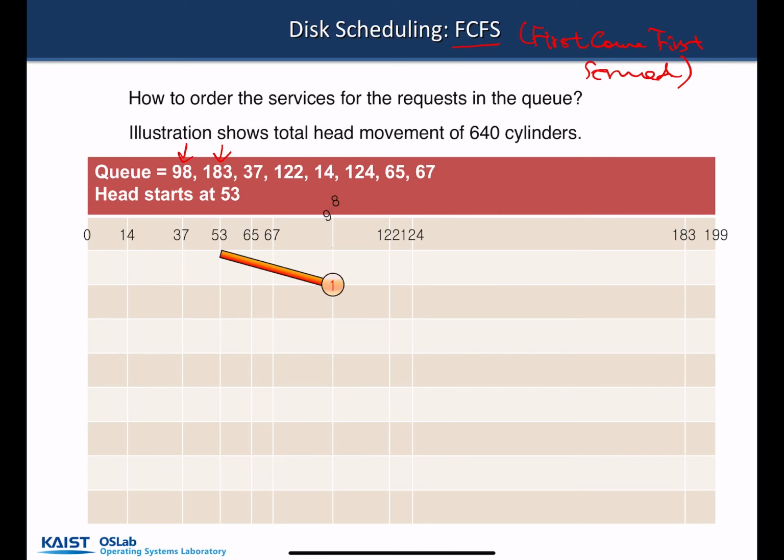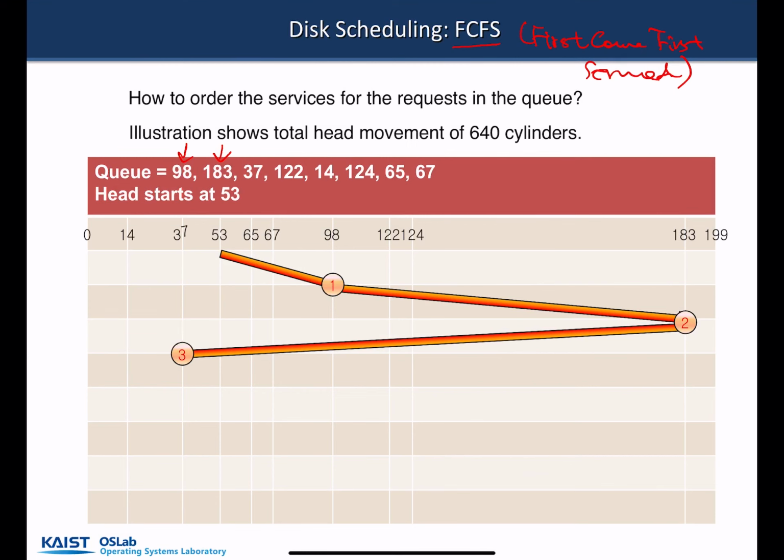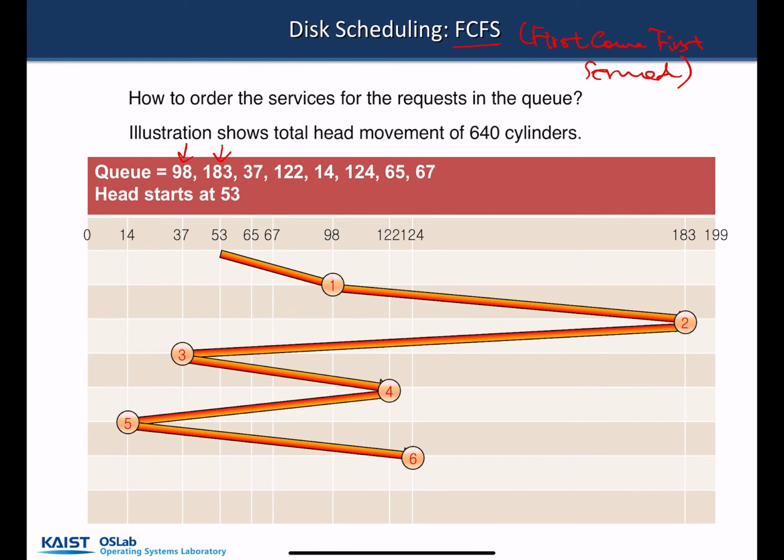So this explains how it is serviced: 98, 183, 37, 122, 14, 124, 65, and 67. This is precisely the order in which all the requests arrived. The total distance, which represents the disk scheduling efficiency, is 604 cylinders or tracks.